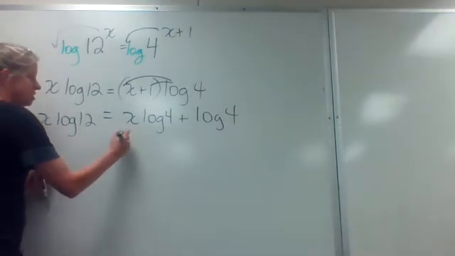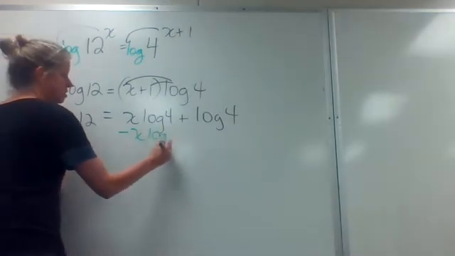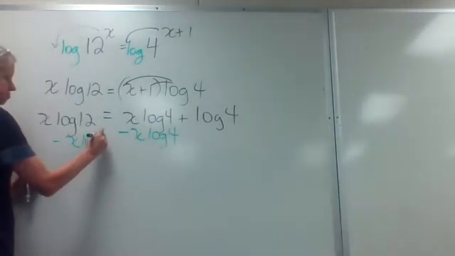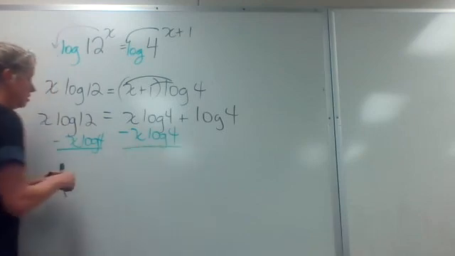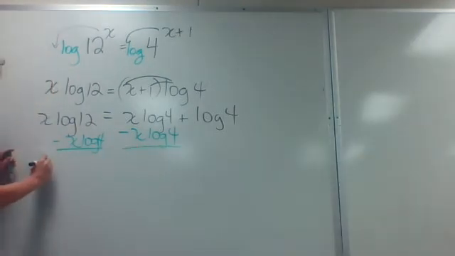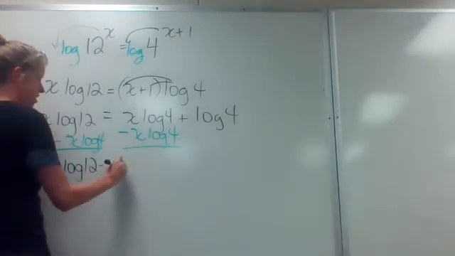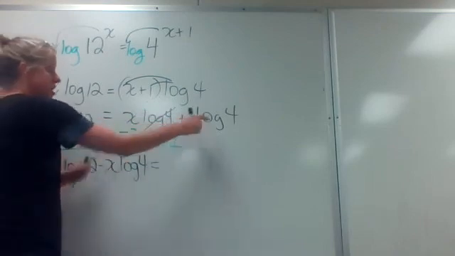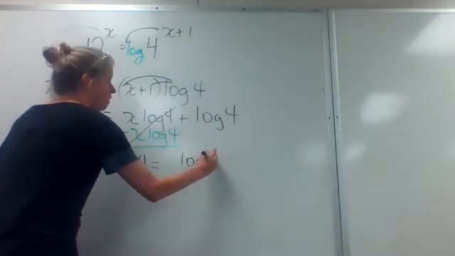So let's move this x over here with this one. So let's see, on the left, I've got x log 12 minus x log 4 equals, on the right side, I just have that log 4.